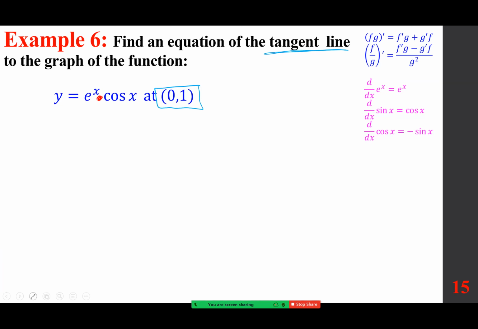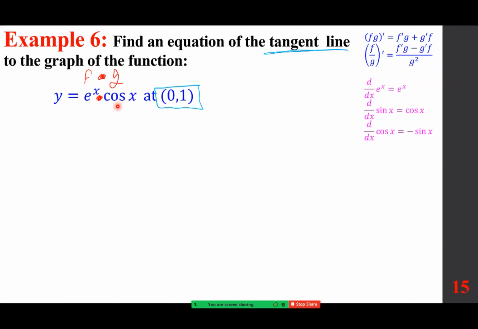So if we call this f, e to the power of x is f, cosine x is g. So f prime g, the derivative of e to the power of x is itself, times cosine x, plus g prime f.